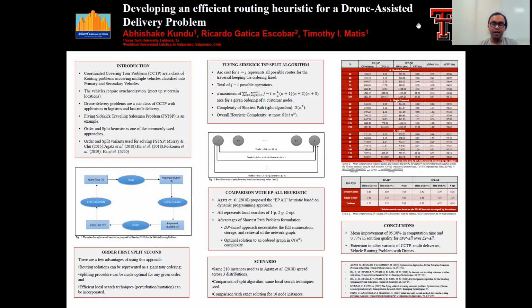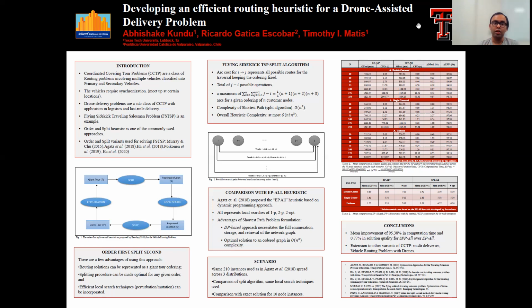And thirdly, efficient local search techniques or perturbations and mutations through meta-heuristics can be developed to improve the routing solutions significantly. The split algorithm, which is the main crux of the heuristic, is designed to find the optimal solution for a given ordering and is well suited for the flying sidekick traveling salesman problem.